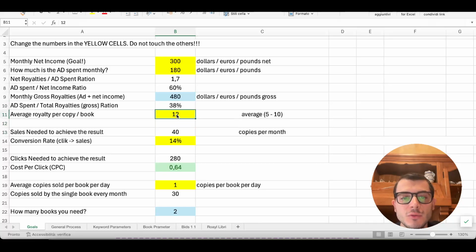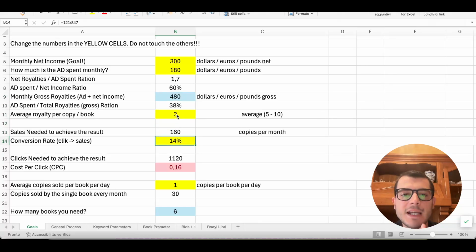My suggestion is to check, but imagine that we are in a low content situation where we sell the books for a low price and we have a royalty of $3. Now the other variable.